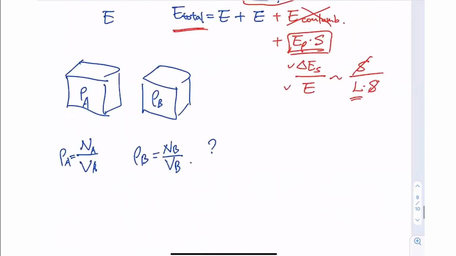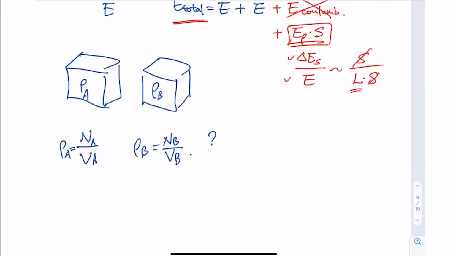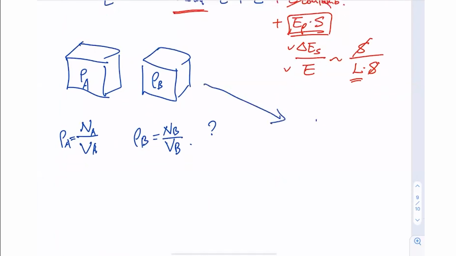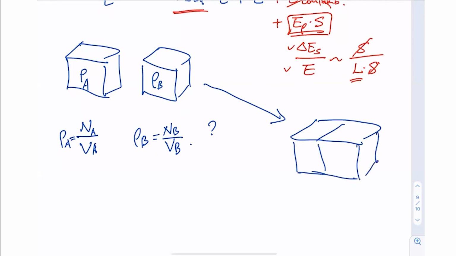So when we say it is dilute, and you want to consider it as a whole, the first question you need to ask is, when you are trying to connect them, for example, turn it into something like this, where one is A and one is B, what's the property of this wall?